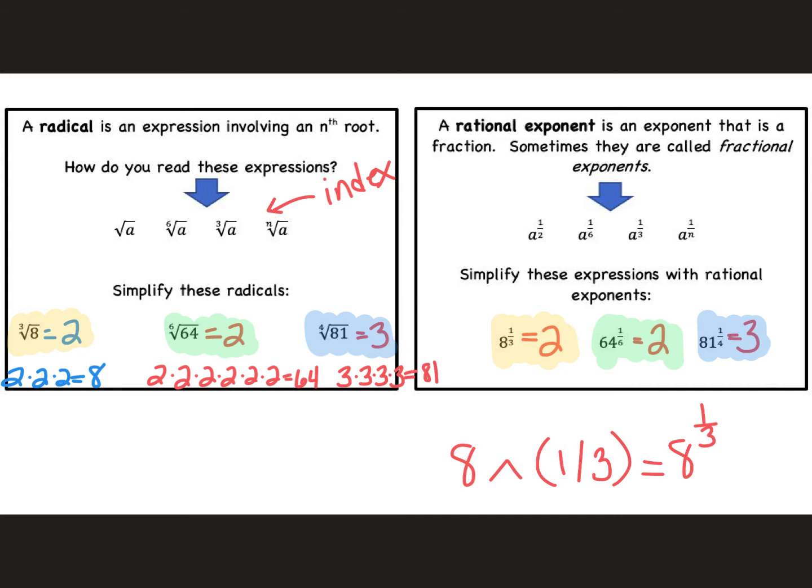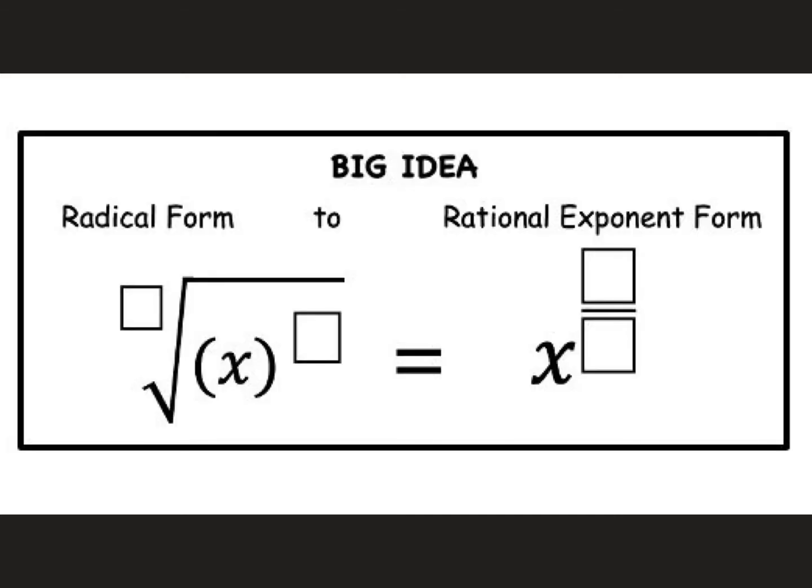So in general, to convert a radical form to a rational exponent form, I'm actually going to start on the right side here with my rational exponent. And I'm going to put some letters in here, and I'm going to use an E and an I. And I always have a reason why. Exponent over index is what that stands for. And how on earth are you going to remember EI?